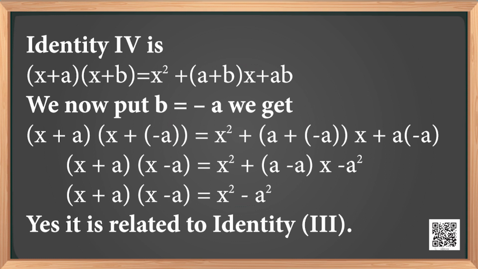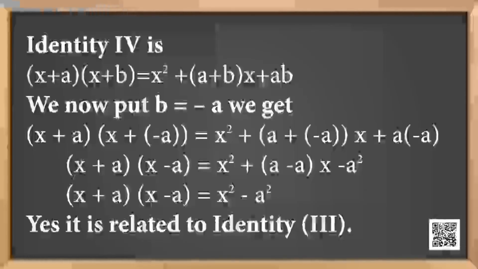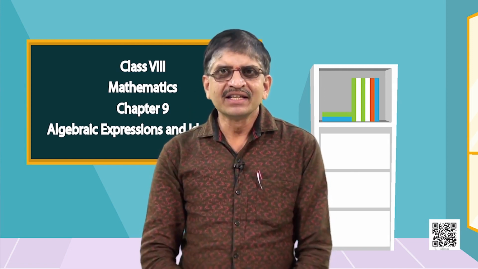Yes, it is related to identity 3. Now, we could see that identity 4 is the general form of the other 3 identities.